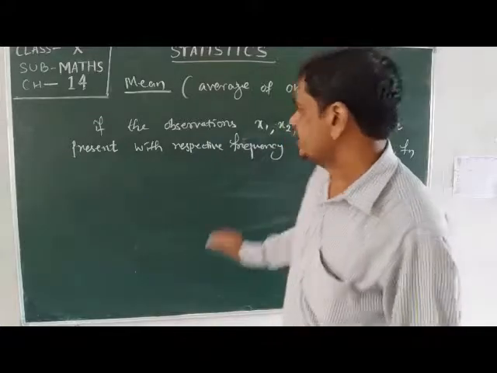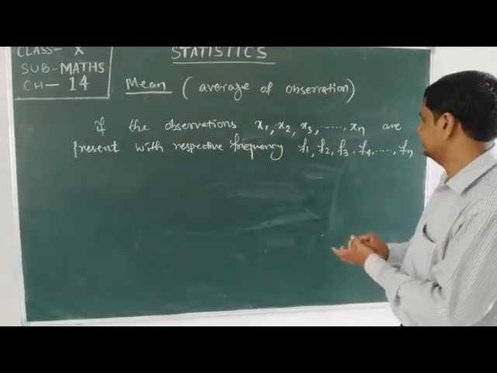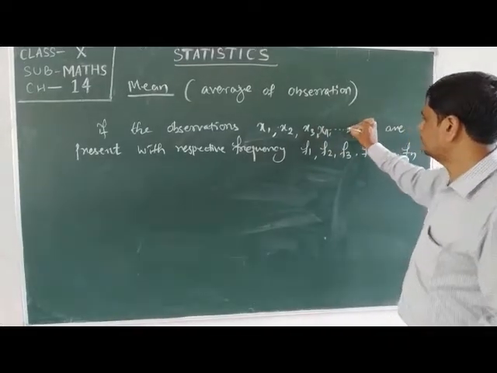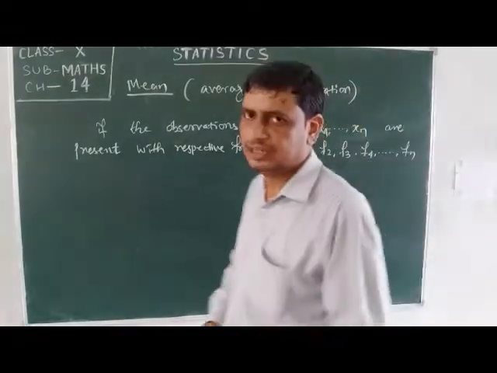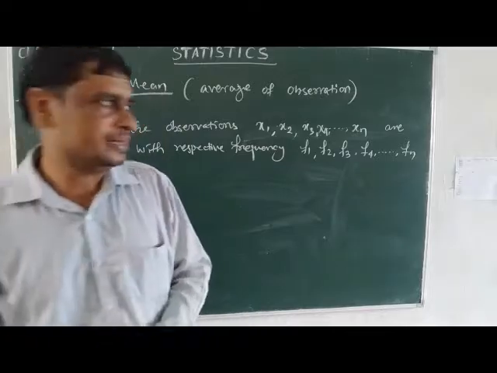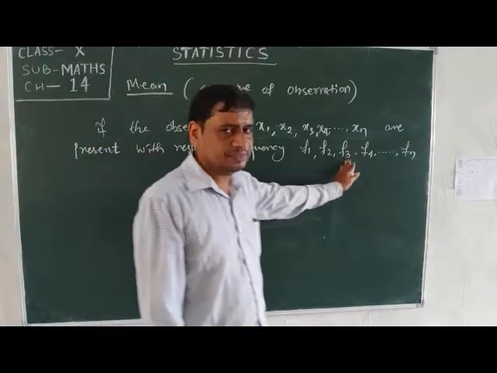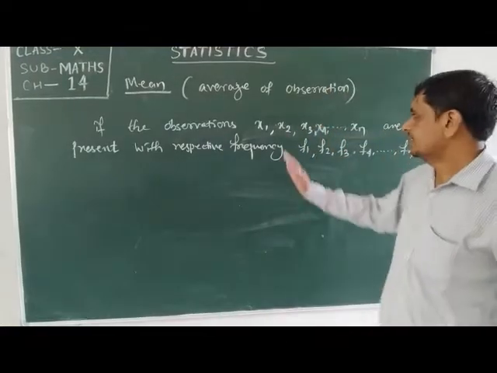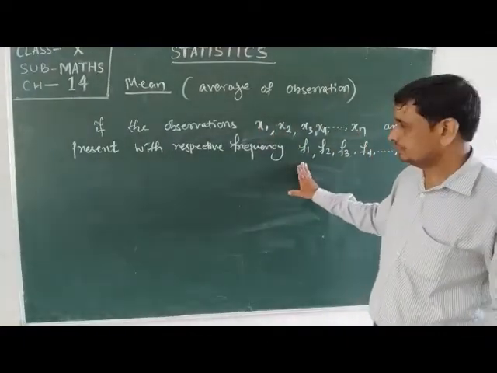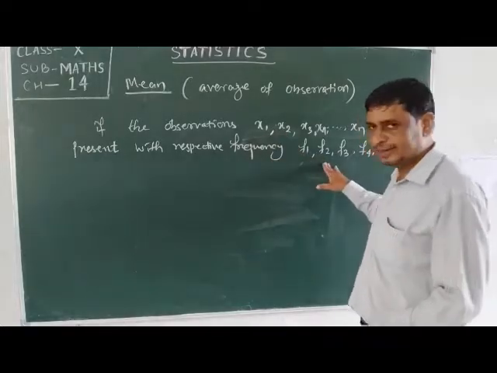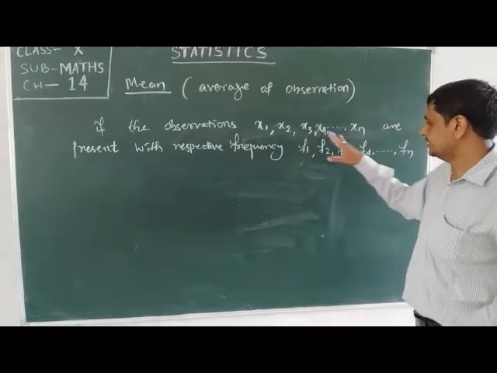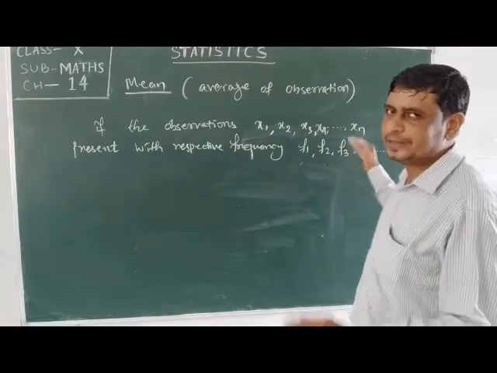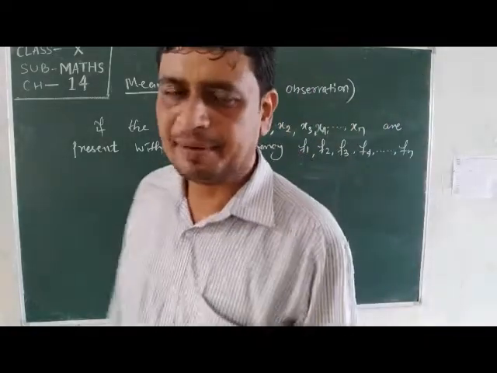If the observations x1, x2, x3, x4, x5, x6 up to xn are present with the respective frequencies f1, f2, f3, f4, f5 up to fn, that means x1 present f1 times, x2 present f2 times, x3 present f3 times, x4 present f4 times, x5 present f5 times.